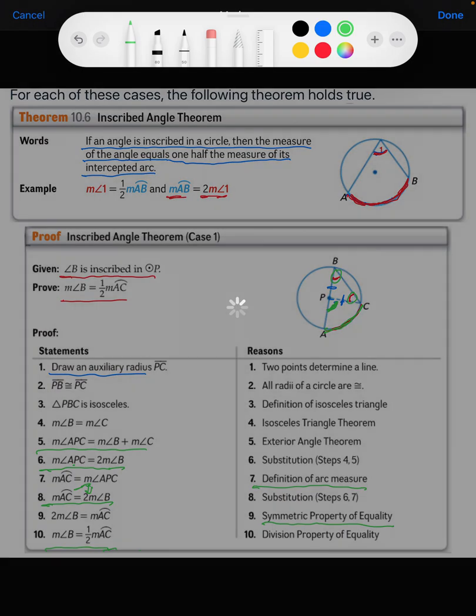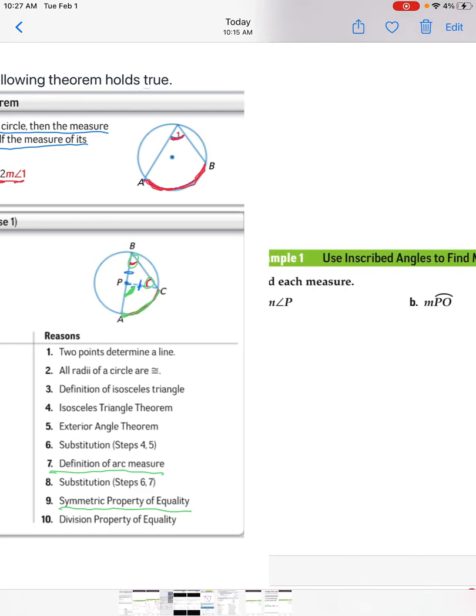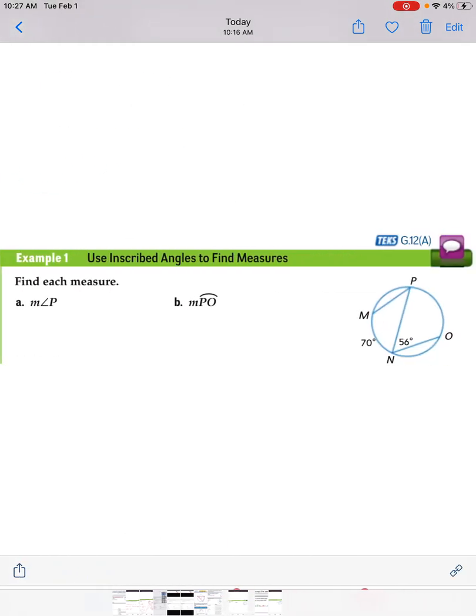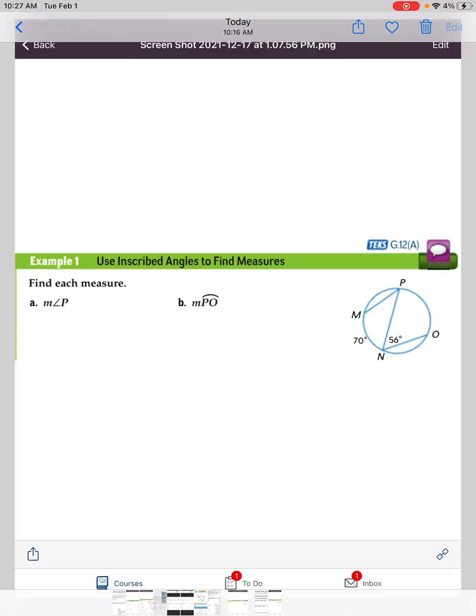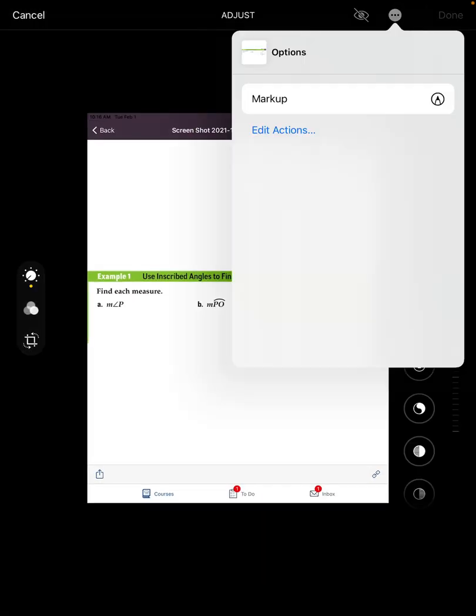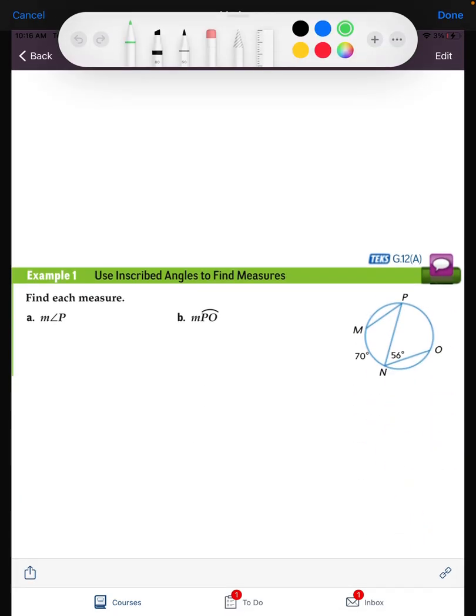Let's take a look at a couple examples here. Find each measure. So we want to use inscribed angles to find measures. Measure of angle P. So in this case, we want to find the measure of this angle P, and we have the value of the intercepted arc.